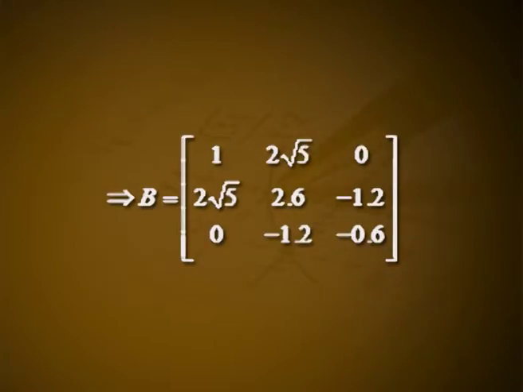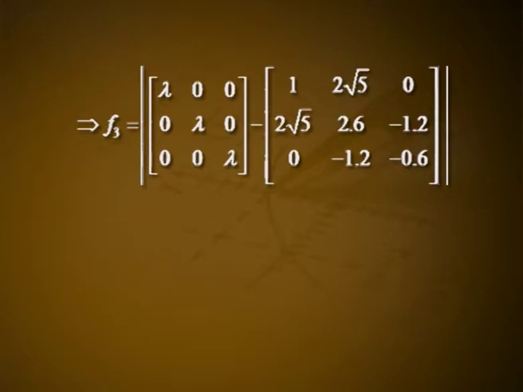This implies B equal to the matrix with rows 1, 2 root 5, 0, 2 root 5, 2.6, minus 1.2, 0, minus 1.2, minus 0.6. This is a tridiagonal matrix. F3 equal to the determinant of lambda I minus B. This implies F3 equal to the determinant of the matrix lambda 0 0, 0 lambda 0, 0 0 lambda, minus the matrix with rows 1, 2 root 5, 0, 2 root 5, 2.6, minus 1.2, 0, minus 1.2, minus 0.6.